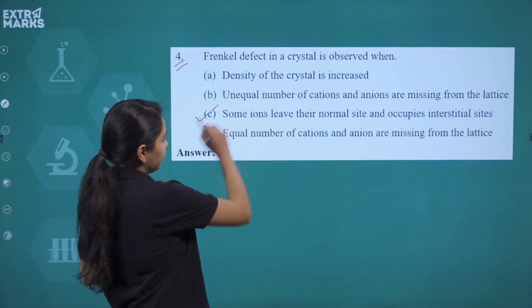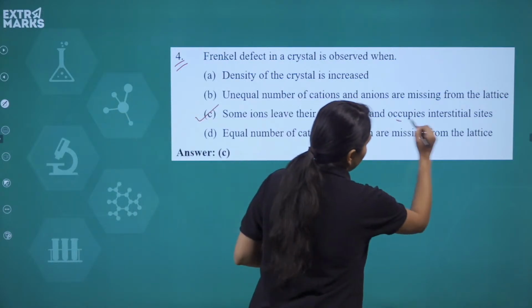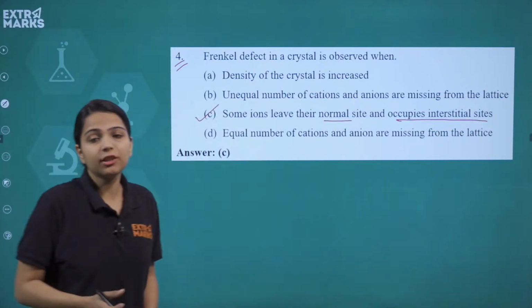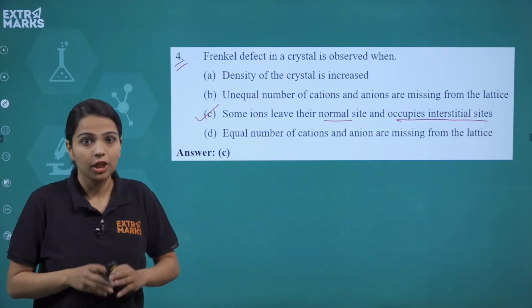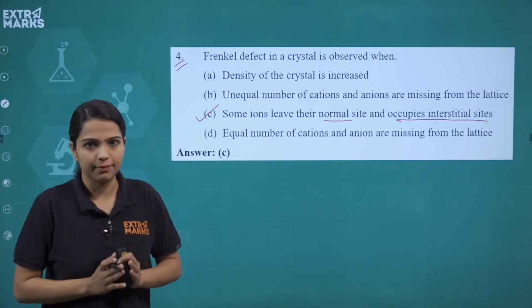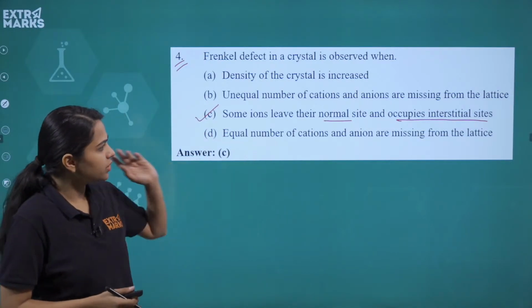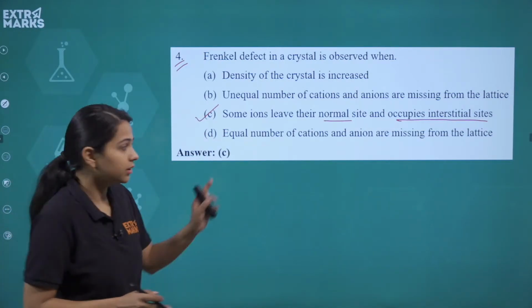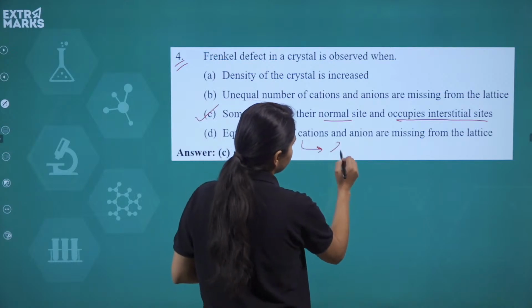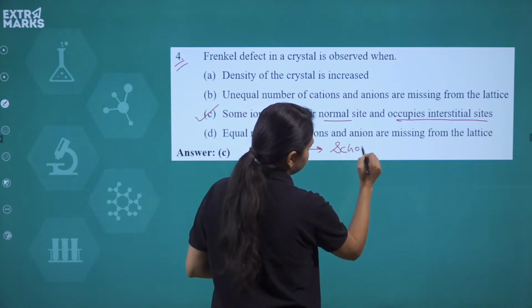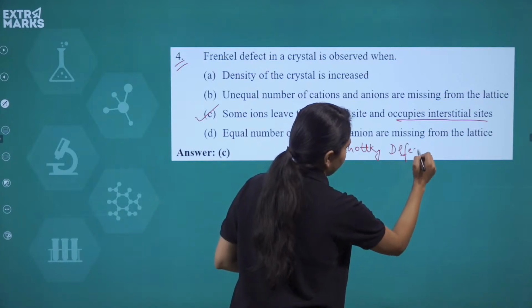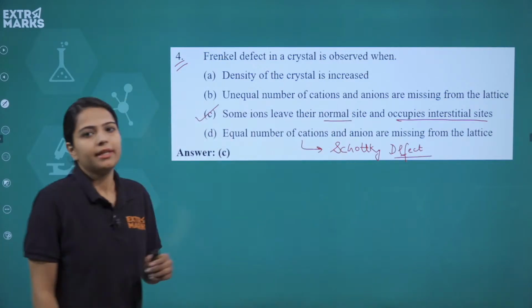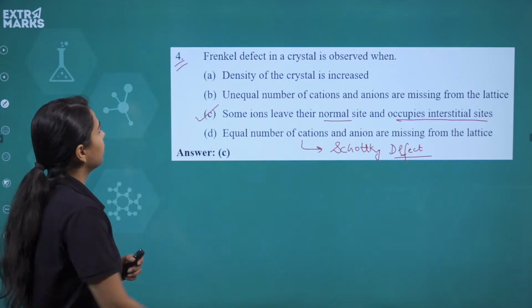Yes, this is the right answer, because the ions are going to leave their own spaces and move into the interstitial sites. So the density is going to remain same there. Fourth option was equal number of cations and anions are missing. Now this is not your Frenkel defect, this is your Schottky defect. Alright, next question, moving on, number 5.